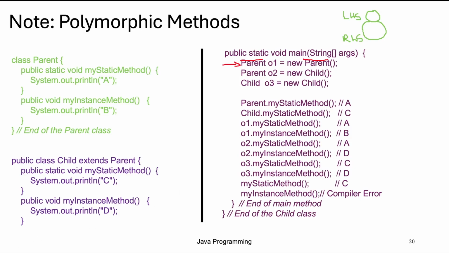Now, once this object O1 has been created, we are visiting line 2. Here, the parent is creating the instance of a child class. So it is not a pure one.